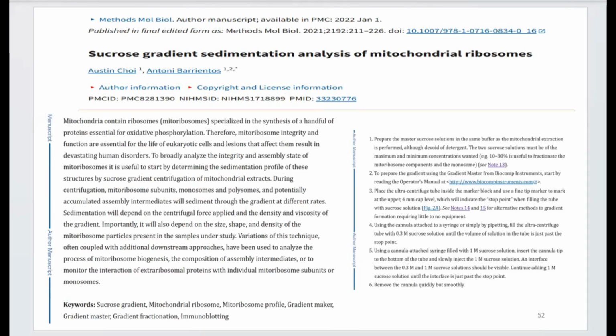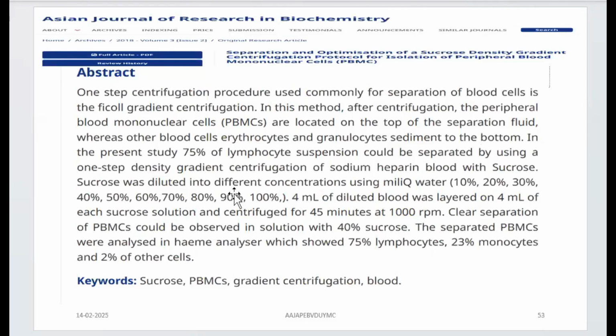Now here comes another paper which talks about one-step centrifugation, which is commonly used for separation of blood cells, and Ficoll gradient is commonly used. In this method, after centrifugation, the peripheral blood mononuclear cells are located on the top.